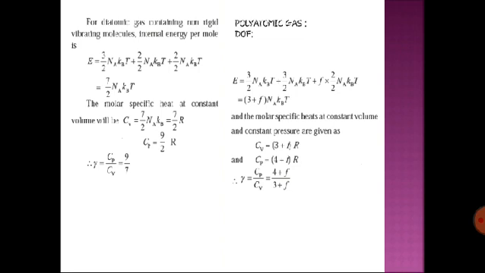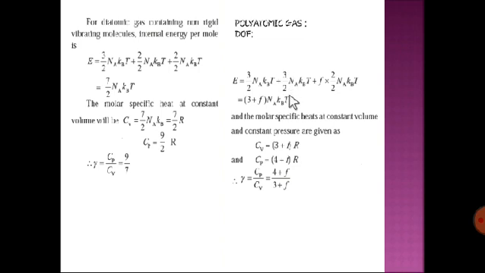Alright, so moving towards it, let's consider polyatomic. So E is nothing but the total energy. If four are there, all four molecules will be having 3 translational energy. So this is 3 by 2 NakbT. All will be having 3 rotational energy.